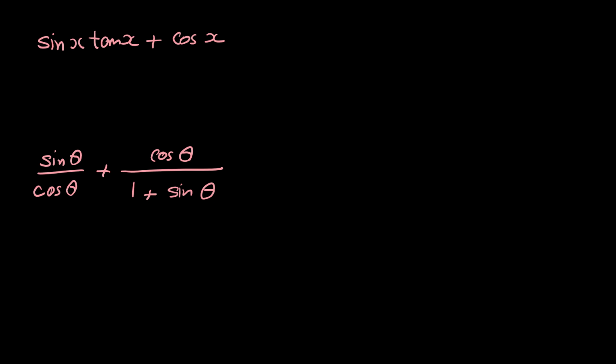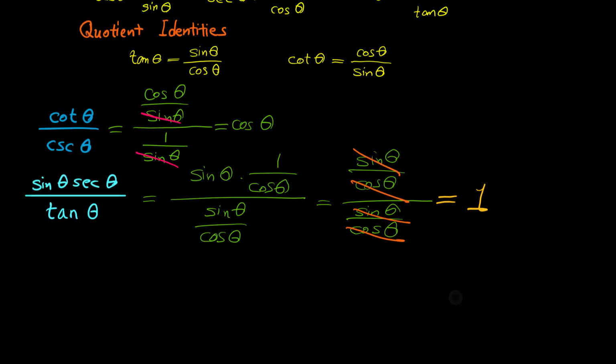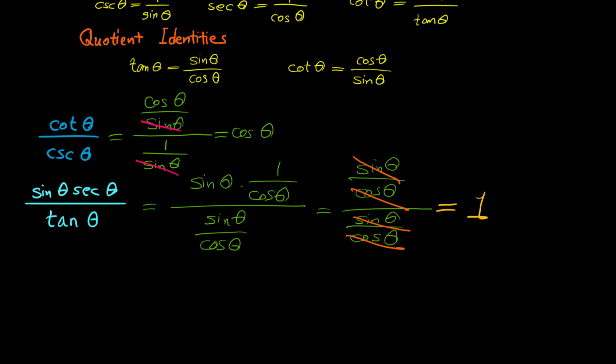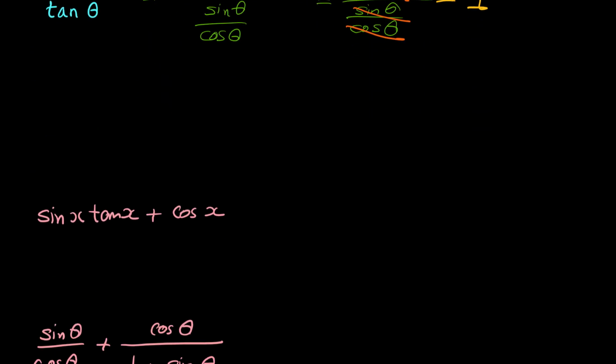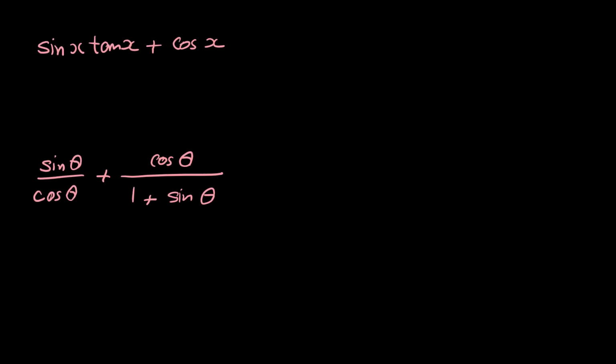Tangent is also a basic trigonometric function, but we can write it in the form of sine over cosine. Quotient identities are really useful. So the first thing that I think can help us simplify this is sine x times tangent, which is sine over cosine, plus cosine.